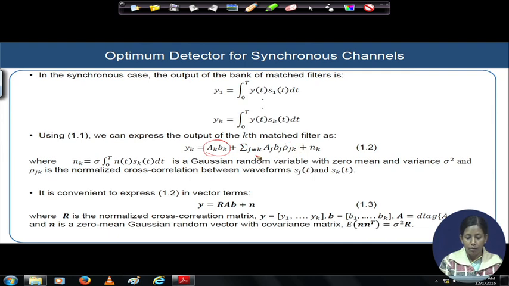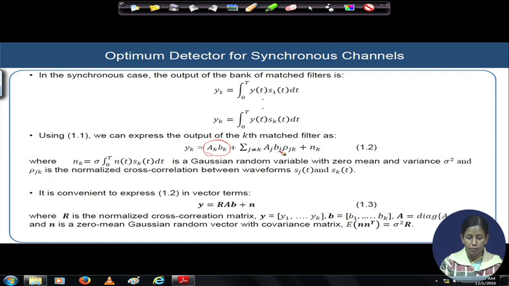Then you get the interfering parts, where you receive the signals a_j and b_j, where j can never be equal to k, because the kth user term is already considered in the first term.